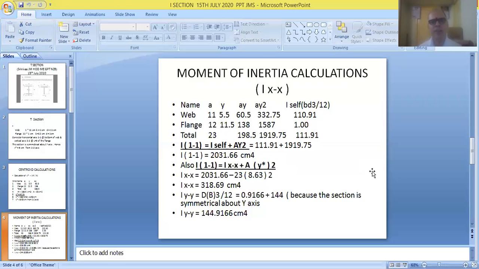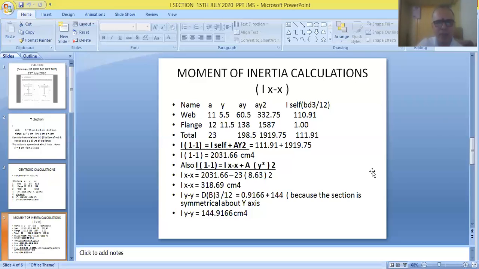So friends, for measuring Ixx values, we have to prepare a table consisting of A values, Y values, Ay values. All these things we have seen in the previous slide. And additionally, we have to put a column for Ay square. Ay square is a very simple calculation. Take the value of Ay, take the value of Y, multiply, take the product of these two parameters, Ay and Y, and we get the value of Ay square.